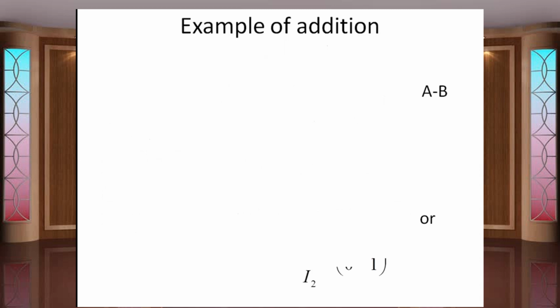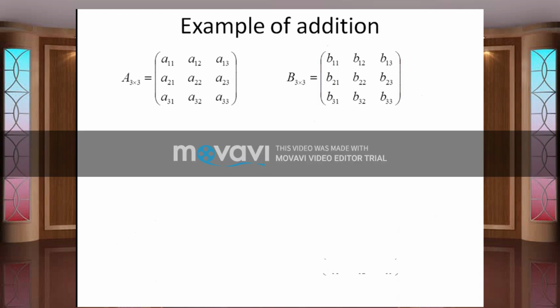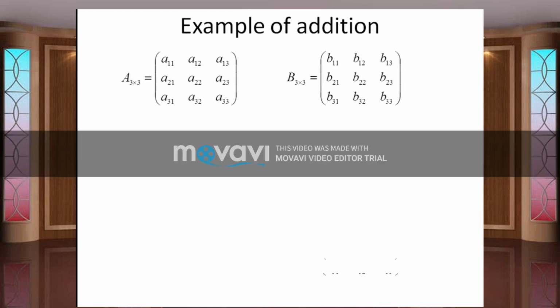Now I am going to explain it. Example: if A is a matrix of 3 by 3 order, and B is also a matrix of 3 by 3 order, you can see that the rows of the first matrix equal 3 and the rows of the second matrix equal 3, so it can be possible.